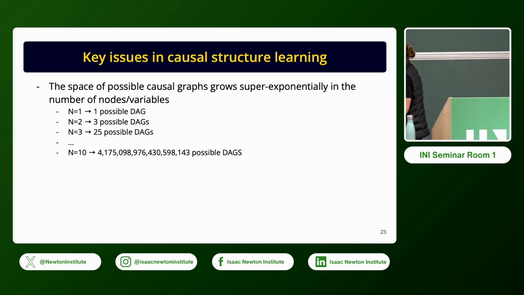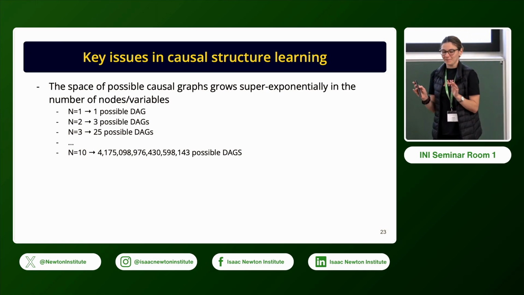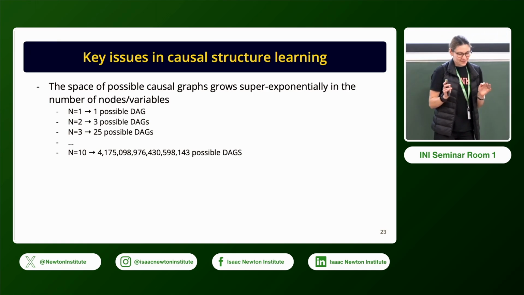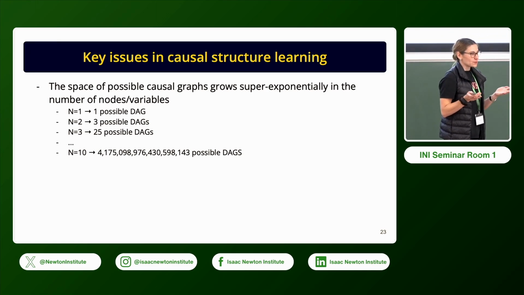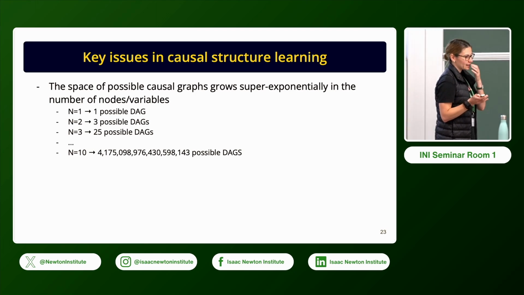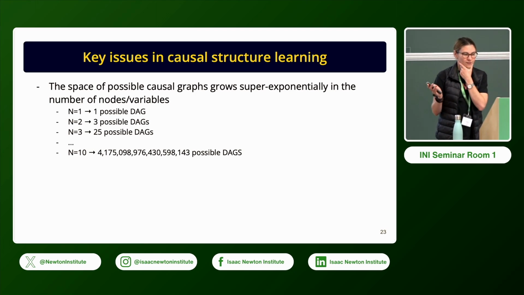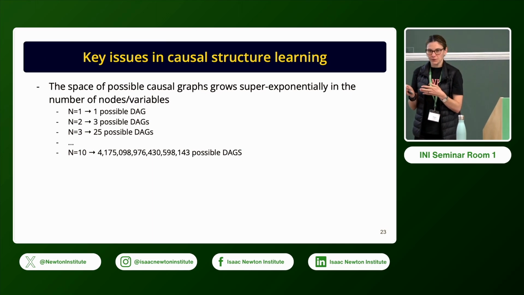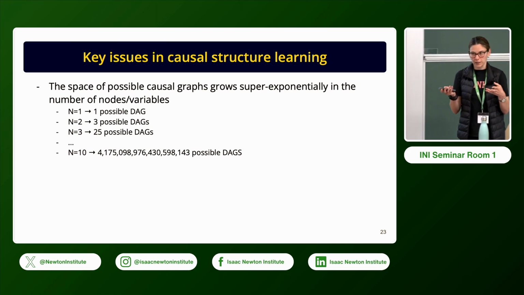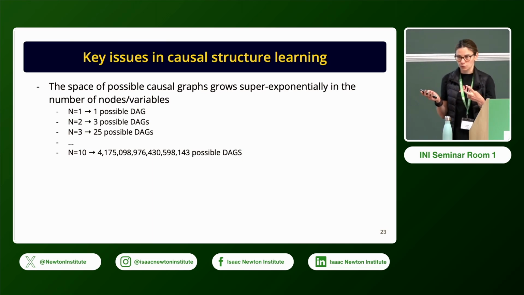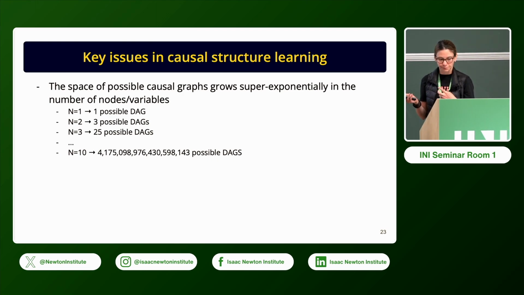Now, there are very big problems with the field of causal structure learning. And probably the most prominent one is the fact that the space of possible causal graphs grows super exponentially in the number of nodes or the number of variables.